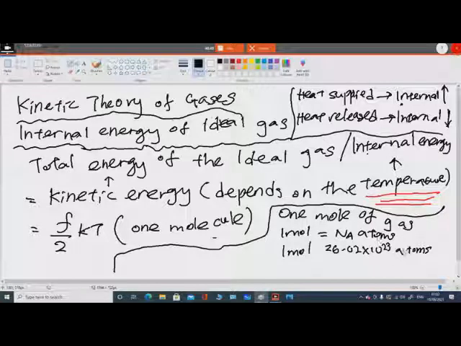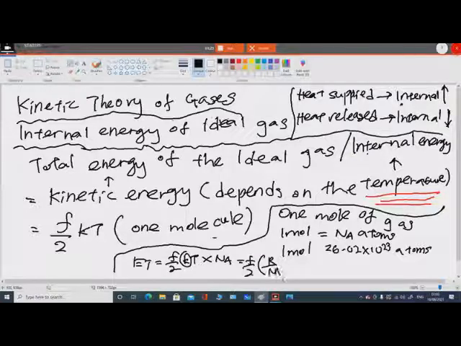If I wish to find the internal energy of 1 mole of the ideal gas, the total energy equals F over 2 kT times Na. We know that k is the Boltzmann constant, which equals R over Na.